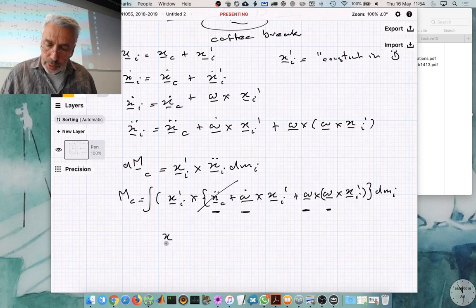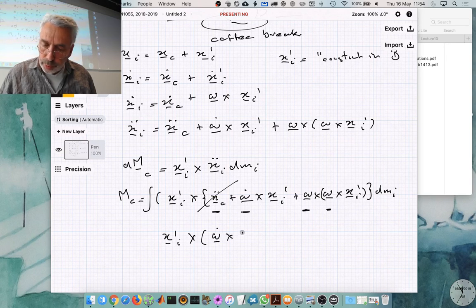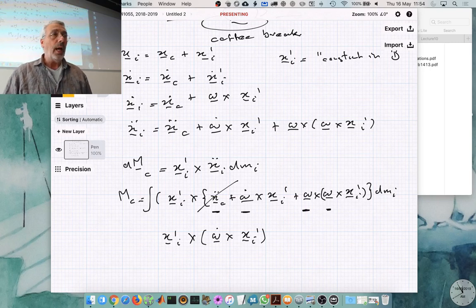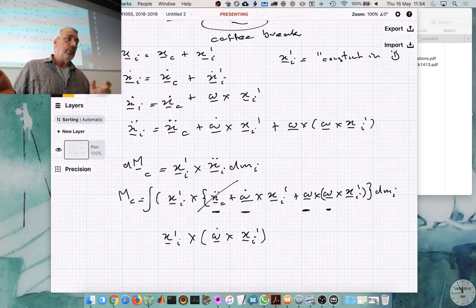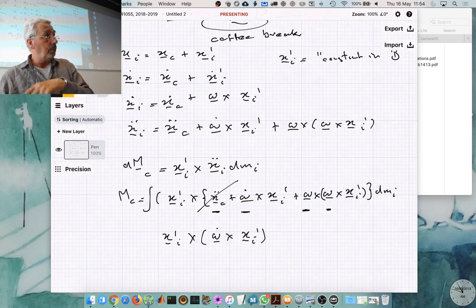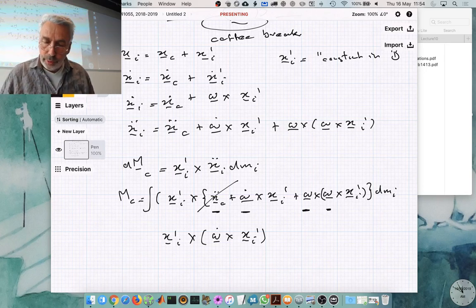So the second term is x prime i cross product with omega dot cross product xi prime. Well, that's interesting. I want to put all the parts with the xi on one side of the equation and the omega, the constant parts, on the other side. So I'm going to reorder this.